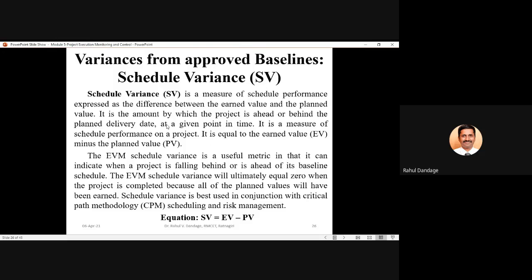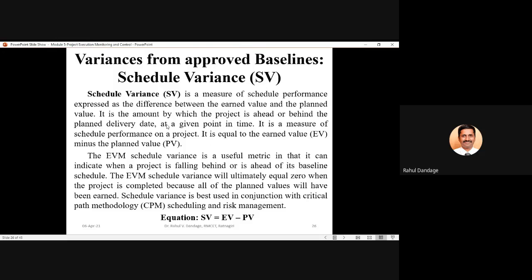So whenever we get the value for schedule variance, it will be considered as a measure of the performance of your project with respect to its schedule. The earned value management schedule variance is a useful metric because it can indicate when a project is falling behind or is ahead of its baseline schedule.